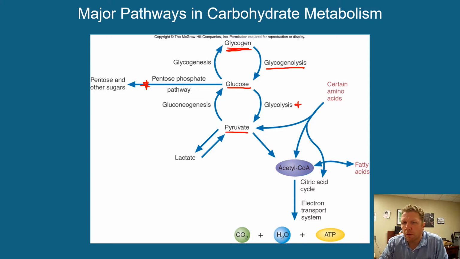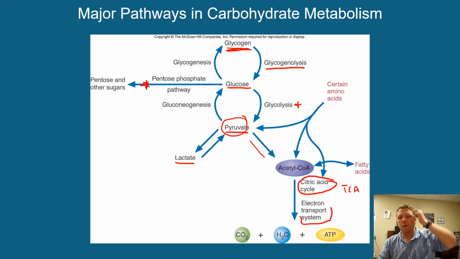Now that pyruvate molecule is going to go in a couple of different directions, one of which is it can go to produce lactate or lactic acid, or it can go through the citric acid cycle, also known as the Krebs cycle or the TCA cycle, and ultimately the electron transport system to generate a huge amount of this molecule right here, ATP or adenosine triphosphate.